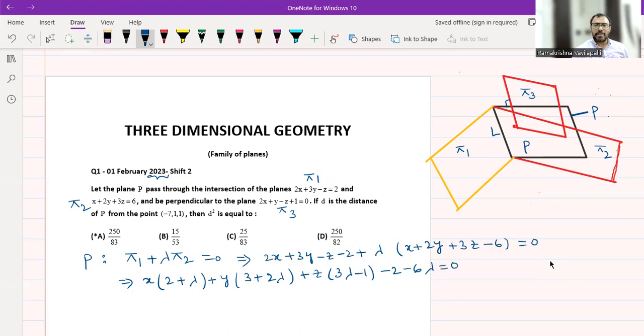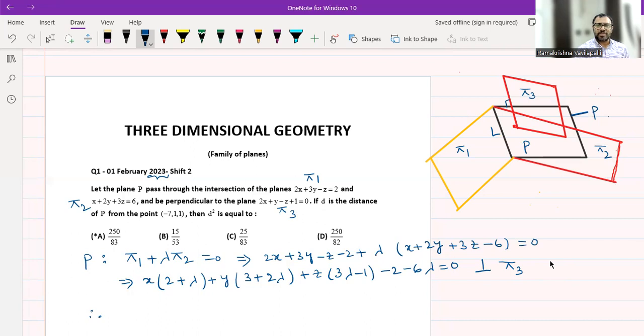Now this plane P is perpendicular to pi 3. Two planes perpendicular means their normals are also perpendicular. Therefore, the dot product of the DRs of the normals of the planes equals 0.